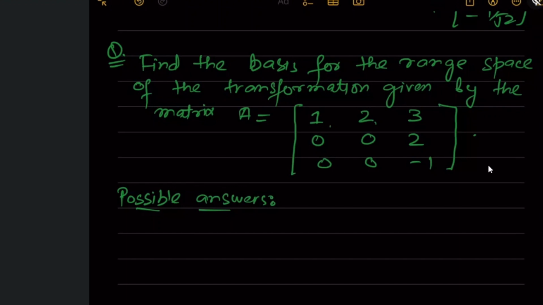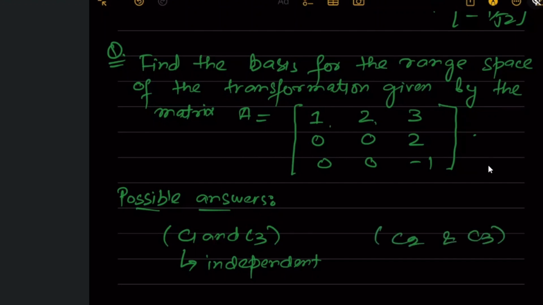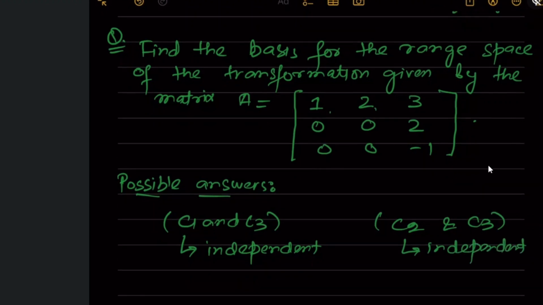So only two of them you can take as independent. Either you can take C1 and C3 as independent, or you can take C2 and C3 as independent. One of them is going to be dependent.